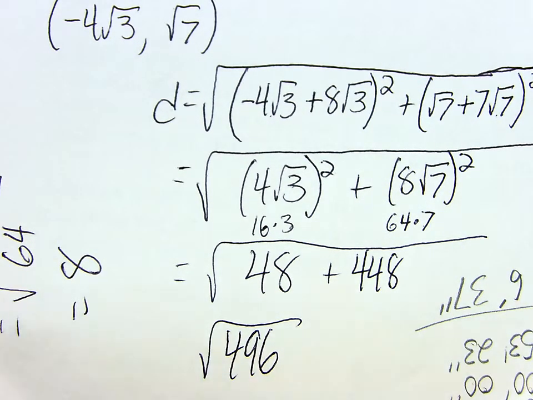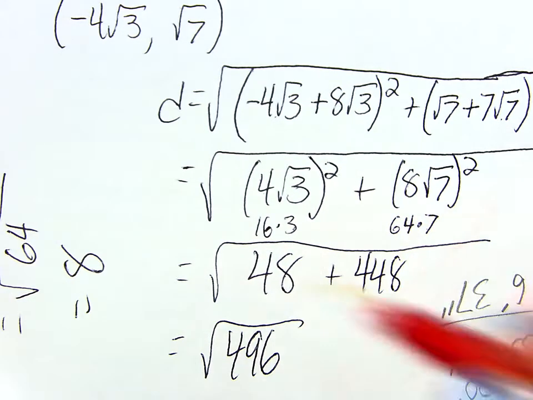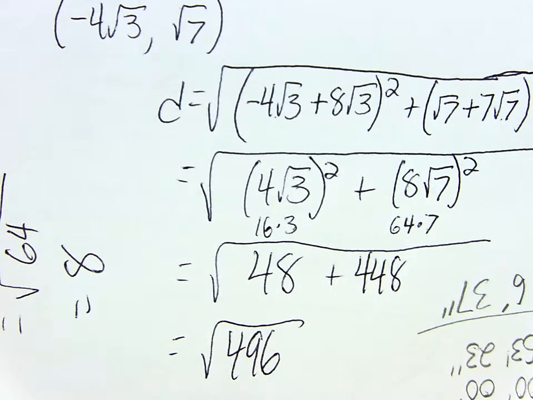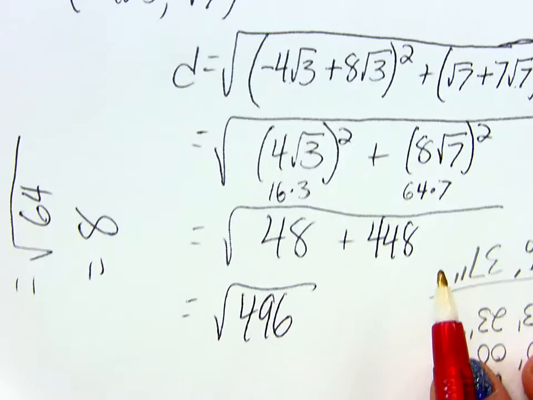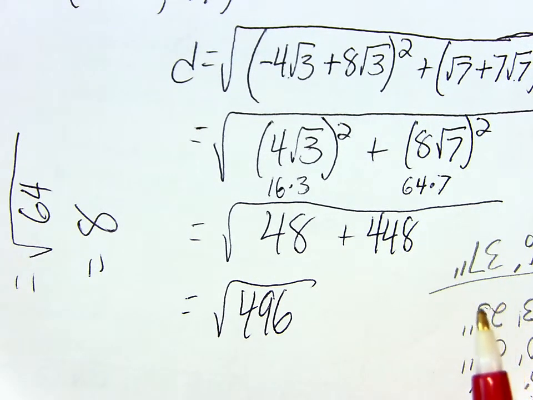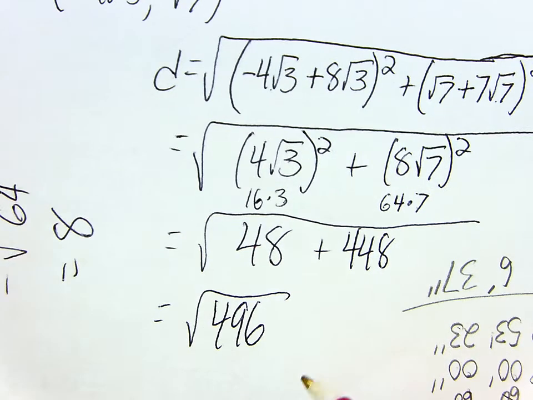And I don't know if that's a perfect square. Let's see. 496. It's not. But I bet you it has a perfect square factor. Here's what you can do. 49 didn't work.